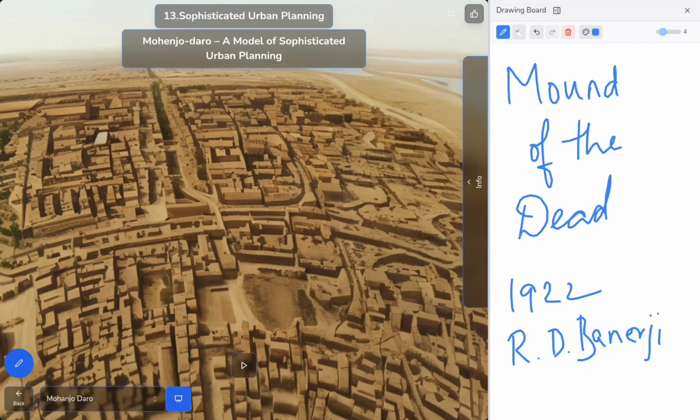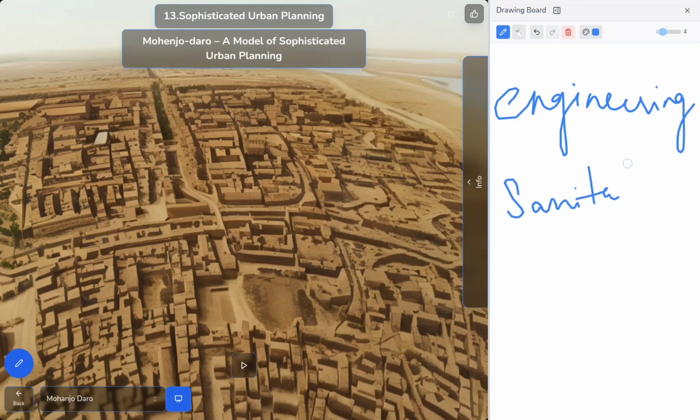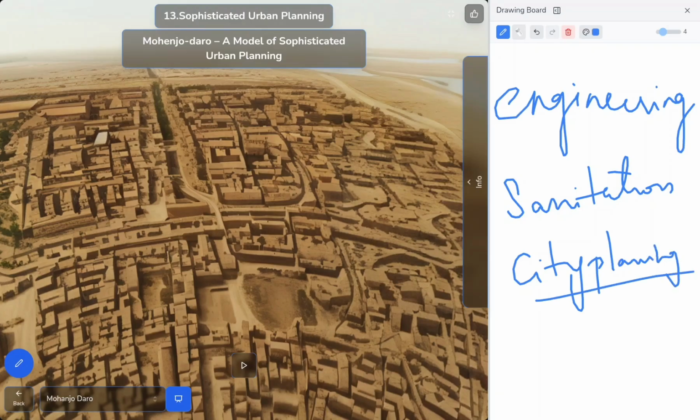Mohenjo-daro proves that thousands of years ago, people already mastered engineering, sanitation, city planning. It stands as a timeless reminder that ancient civilizations were far more advanced than we often imagine.